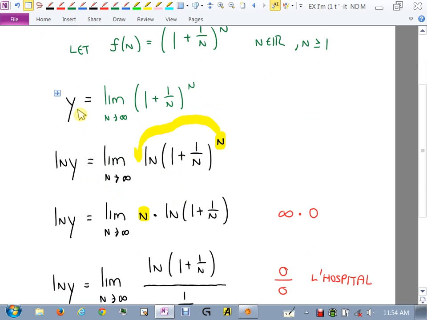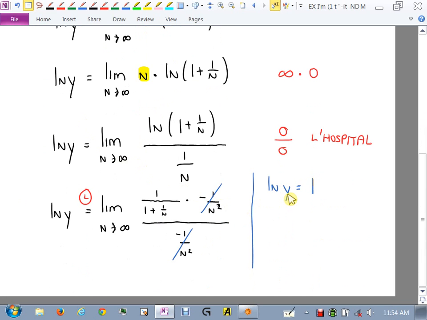So over here, I need to get back to y. So how do I get y out of a natural log? I do e on both sides. When you take e of natural log, they kill each other off. They're inverse functions. So that spits out y. So the answer is e. So this limit is e.